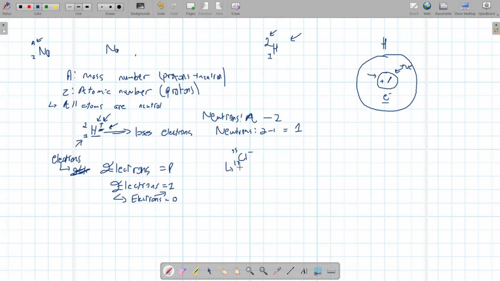Obviously it has 17 protons, but how would we find the electrons? It is 17 electrons, but it became negatively charged. That means it gained 1 electron. To become negative, you're gaining an electron. So 17 plus 1 equals 18 electrons. This is how you do it.